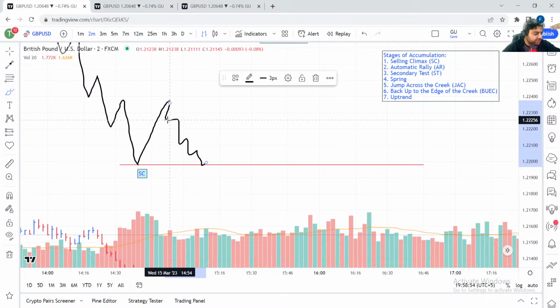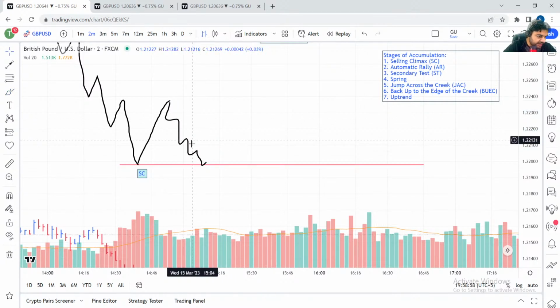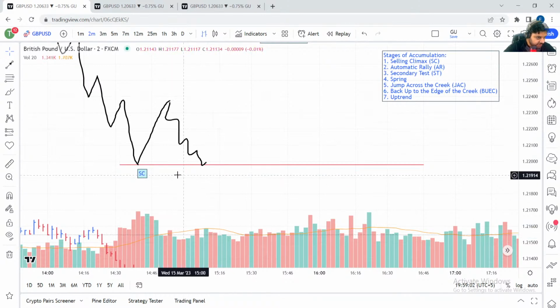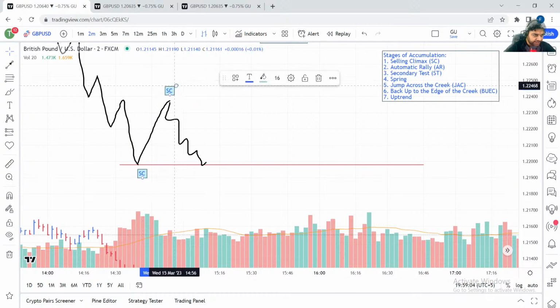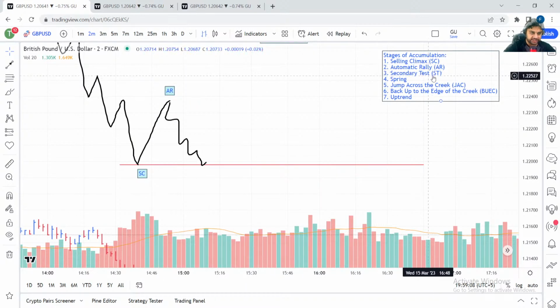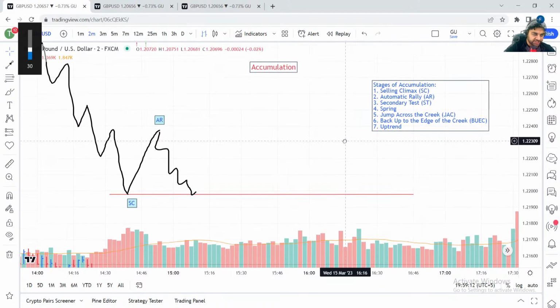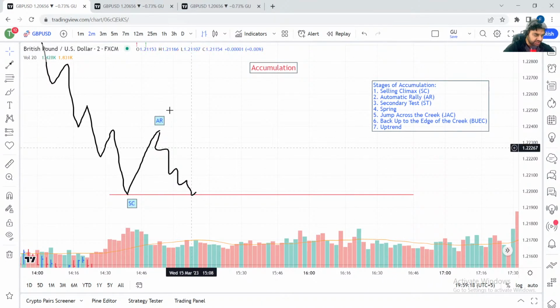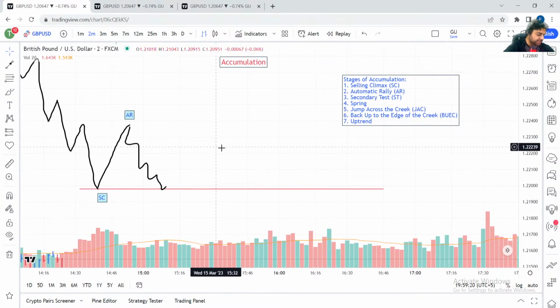The market will just fall down, break this support level and fall further down. So it has to fall down slowly. And now you will say that this is automatic rally. Guys, look at this. These are the stages of accumulation, and I have already written the stages over here. Now you can match them with the ideas in our schematic.